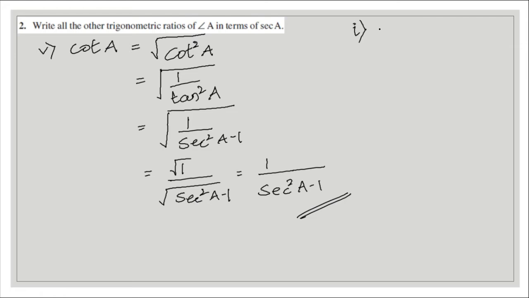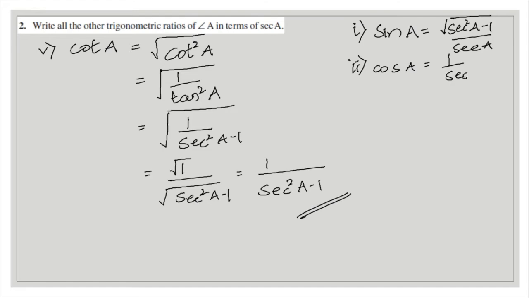Let me write the last final step. Sin A, when expressed in terms of secant A, we get root of secant square A minus 1 divided by secant A. Second one, cos A can be written as 1 by secant A. Third one, tan A we have expressed as under root secant square A minus 1.